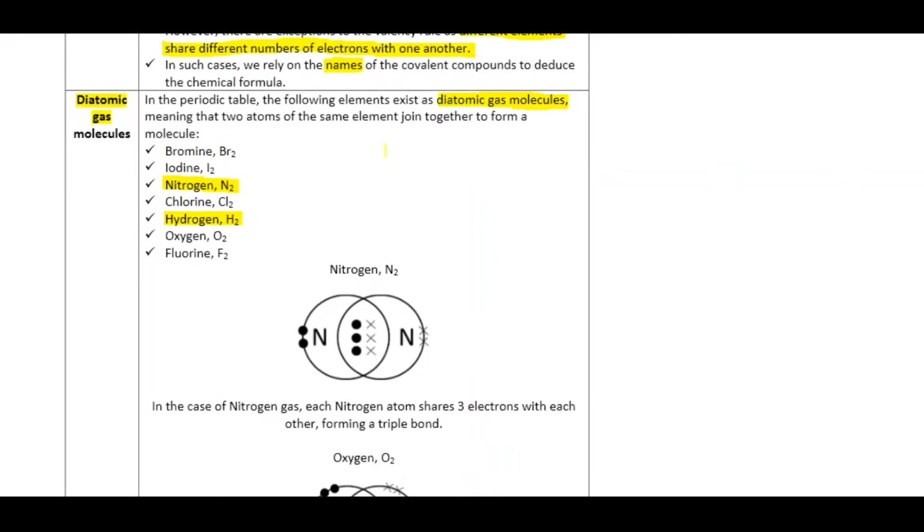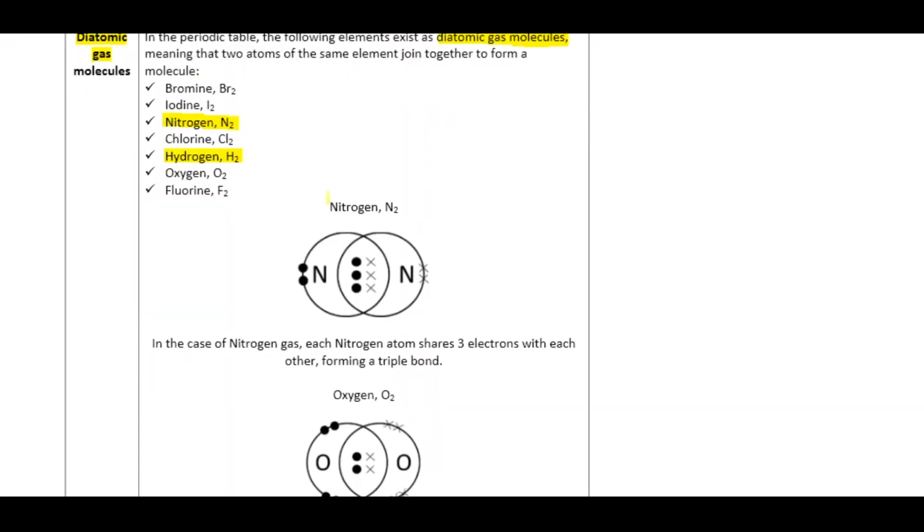So what happens chemically, let's look at what happens to the electrons. For example, within nitrogen, each nitrogen atom shares 3 electrons with each other. Nitrogen is in group 5, and the group number actually represents the number of electrons in the outermost shell.